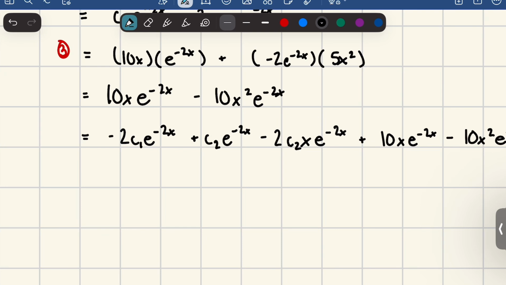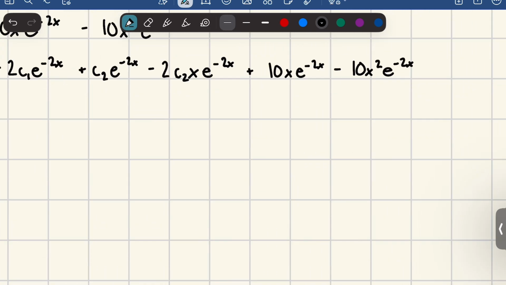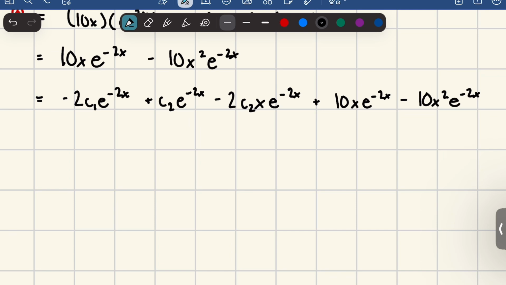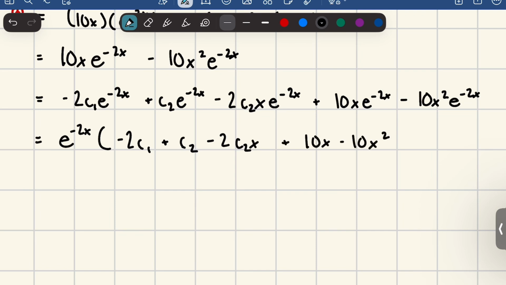Okay, that's pretty much our second. I could pull out e to the negative 2x again, because I just hate having to do it over and over. Oh, this is so much cleaner. Okay, I like that.